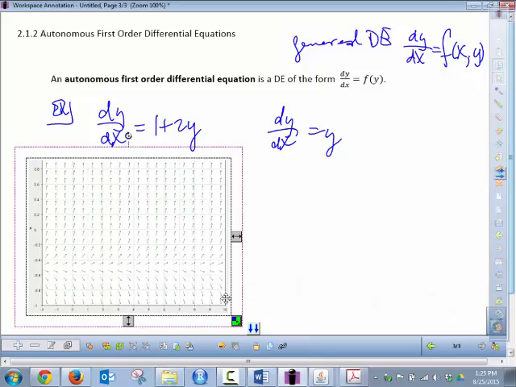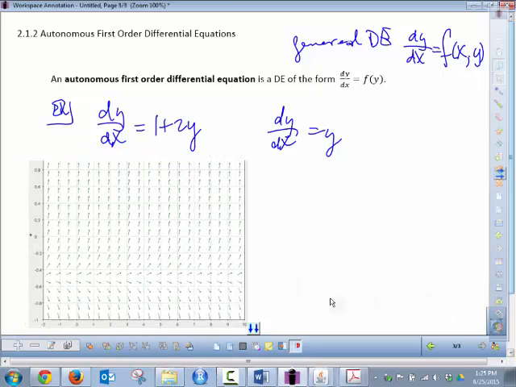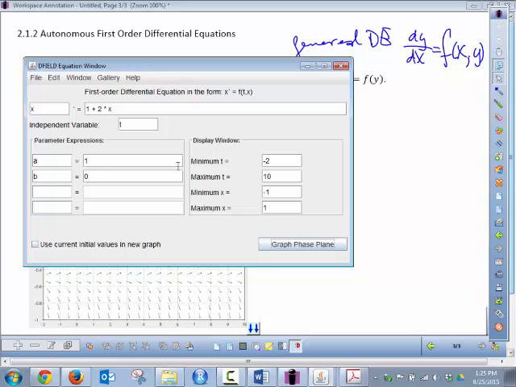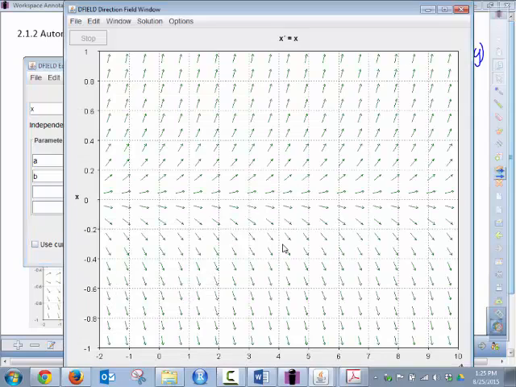And we'll talk about a specific distinctive feature about these autonomous differential equations, if you can't already see it. The other one is just the independent or the dependent variable. And it looks like that.